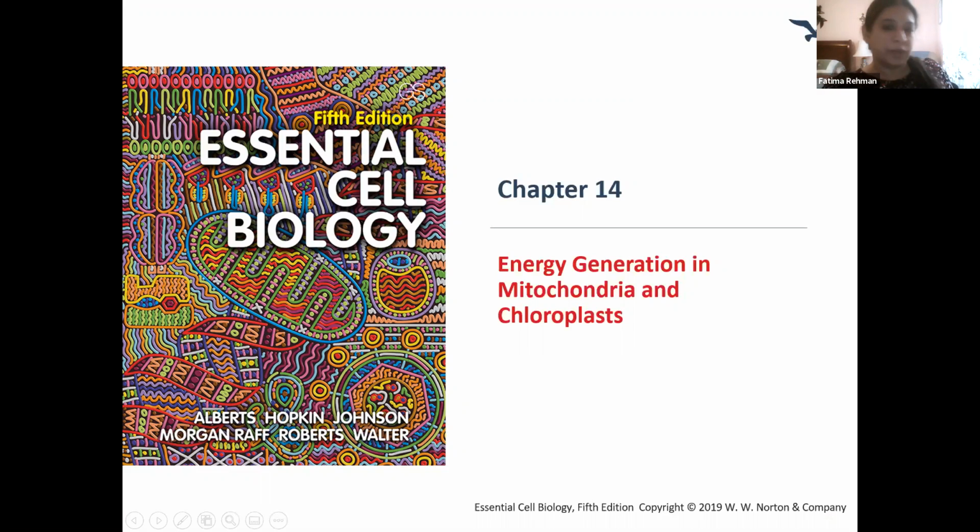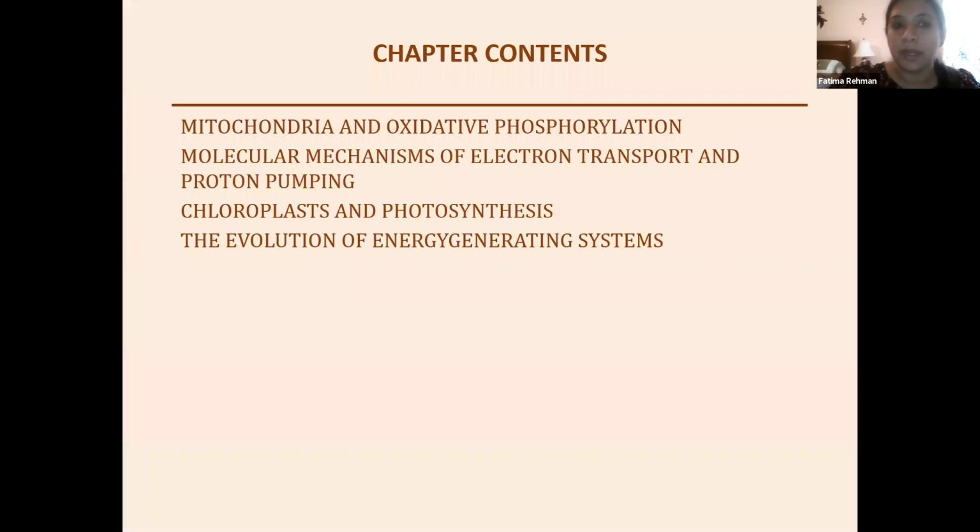We are looking at details of energy generation in mitochondria and in chloroplasts. So we are going to start off by looking at mitochondrial structure and specifically then looking at oxidative phosphorylation that happens within the mitochondria.